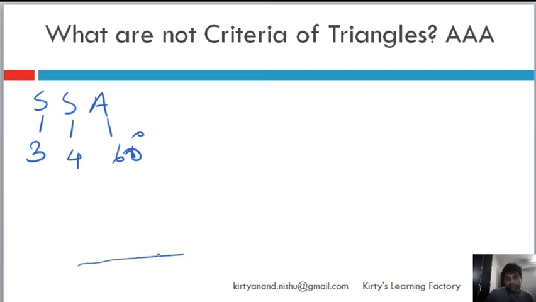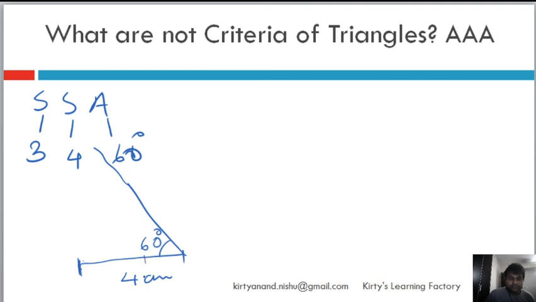I draw a line segment of 4 centimeter right here. Now this included angle is not A, right? It is some other angle. So let's say that this angle is 60 degree. Okay, extend it. Now from here I am to take a side of 3 centimeter.